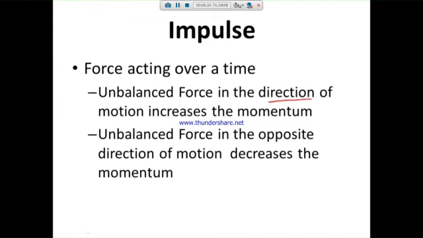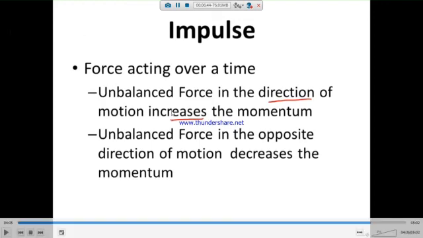We are going to see a change in momentum that is an increase in your momentum because your velocity is going to increase. So unbalanced force in the direction of motion increases the momentum, as you can see here.